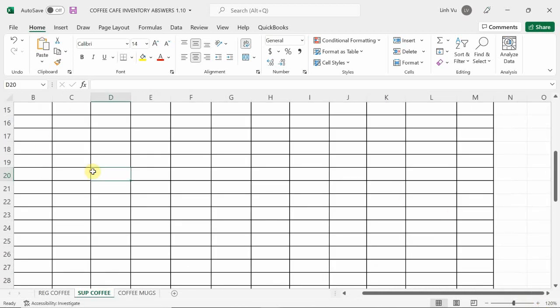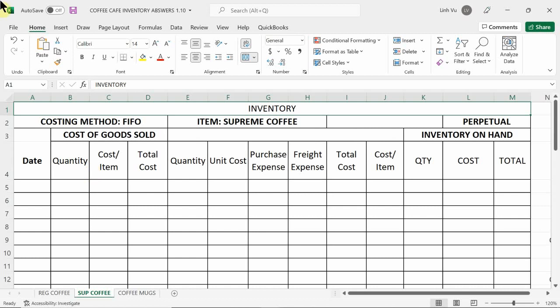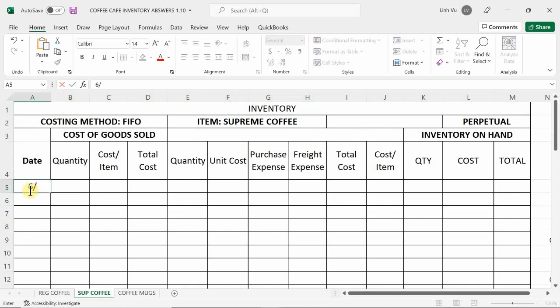Because for my Supreme coffee, same thing here, right? I purchased on June 12th, skip over the cost of goods sold. I purchased 125 pounds at $1.55. So therefore, should give me $193.75, right? We already know that because we journalized it.